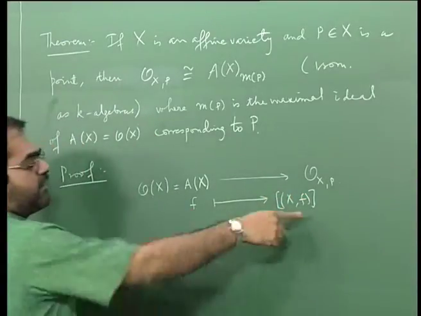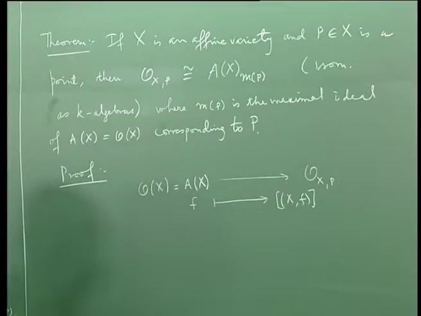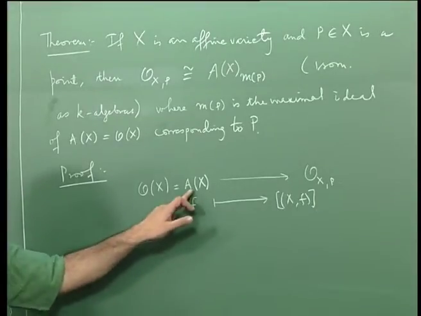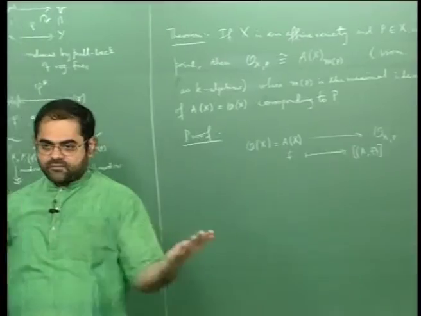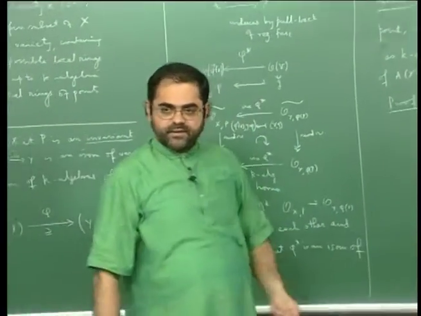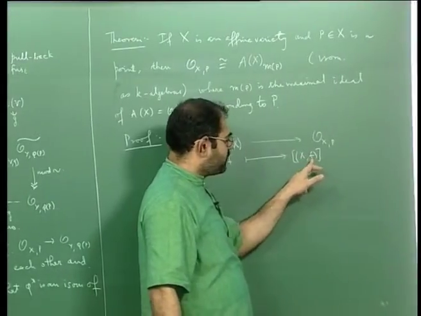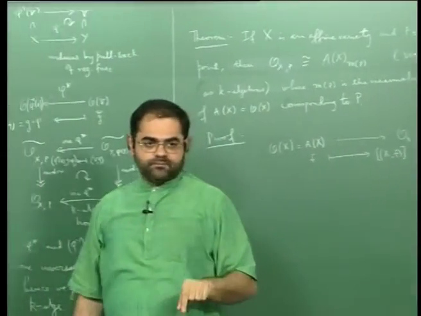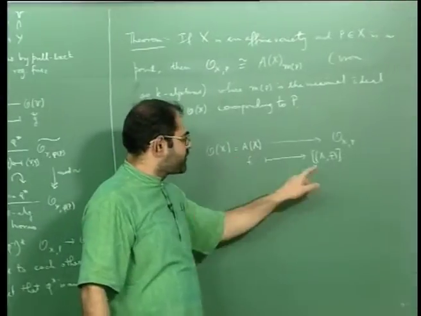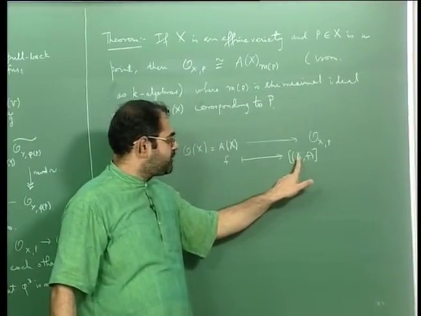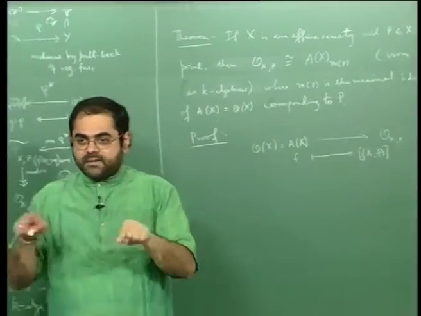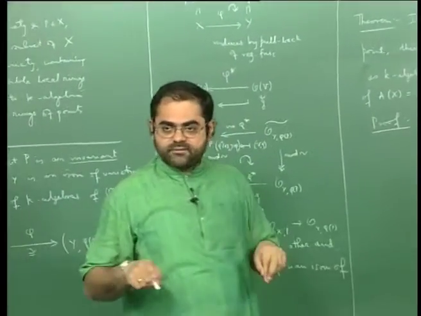So simply send every regular function to its germ. f is in Ax means that f is a regular function on all of x. Ax is the same as Ox. Whenever you write a pair u comma phi, phi has to be a regular function on u. So here f is a regular function on x, so it makes sense to write the pair x comma f, and then I am taking the germ, that is why I put the square bracket.